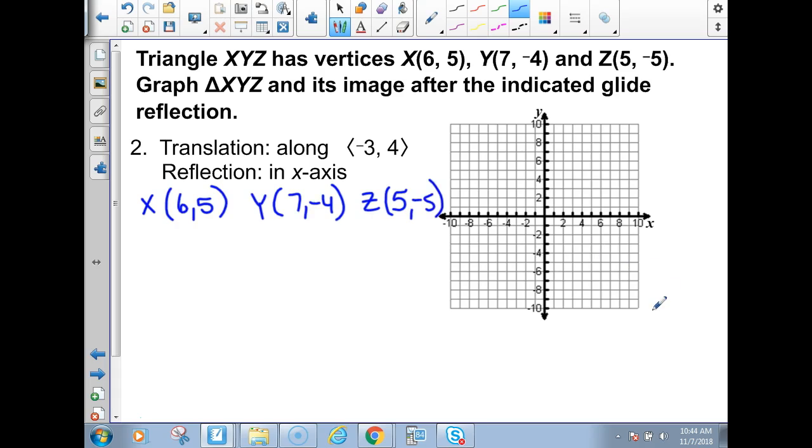It's the same triangle that we plotted just a little bit ago. So we're going to replot the points and draw the triangle again. Okay, so I got my 3 points. Draw the triangle.